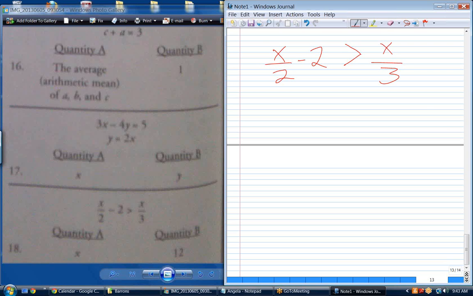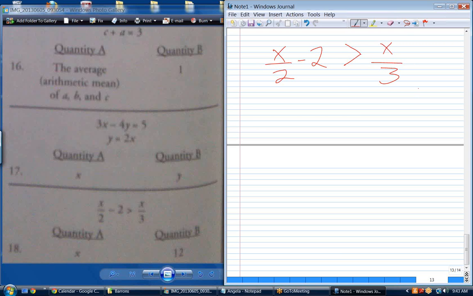Okay, what's that going to tell you, though? And that gives you an equation. In other words, if you plug in 12 for x, you get 6 minus 2, which is 4. That's not greater than 4. So you get 4 is greater than 4. So does that tell you which is bigger? No. Not really, not without some confusion.